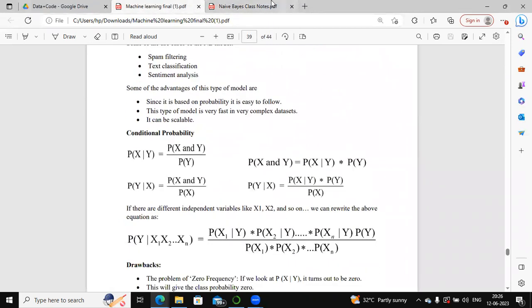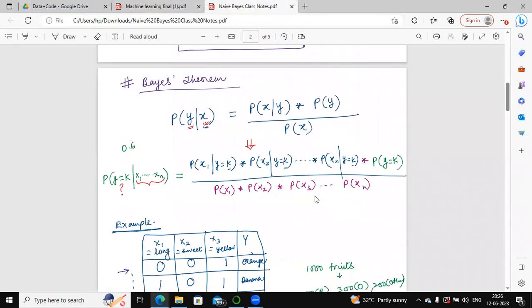Let's look at this. Let's say P of Y given x1, x2, x3, and so on up to xn. Let's say P of y is equal to k. We have to find P of y equal to k given x1, x2, x3, and so on up to xn, which is equal to the probability of x1 given y equal to k, times the probability of x2 given y equal to k, and so on till the probability of xn given y equal to k, times the probability of y equal to k.